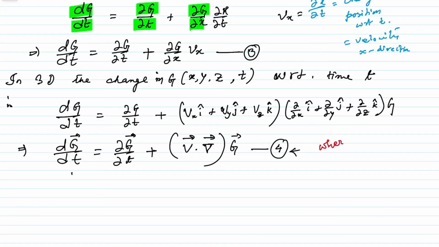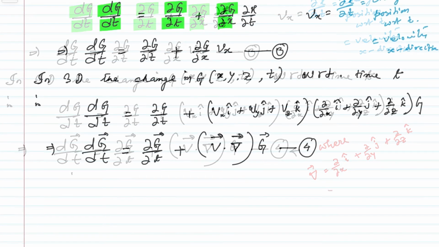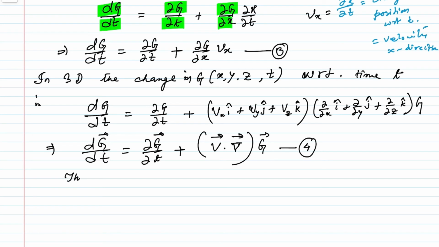So where del means del x i cap plus del y j cap plus del z k cap, and this equation is known as convective derivative. Okay, this is known as convective derivative.